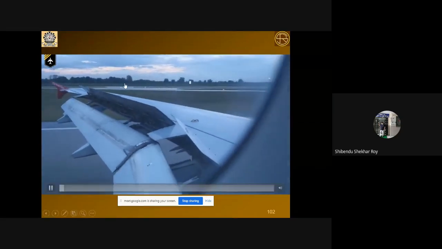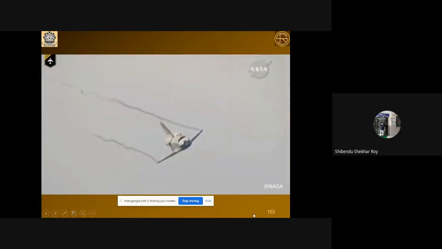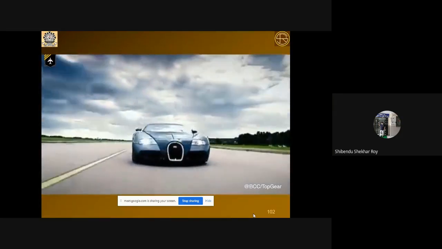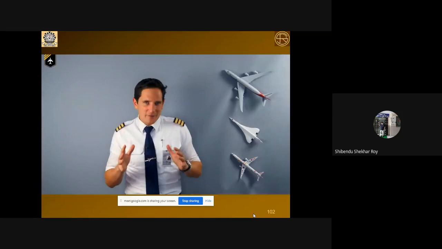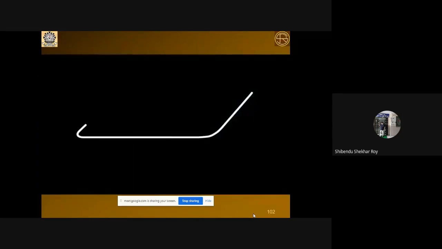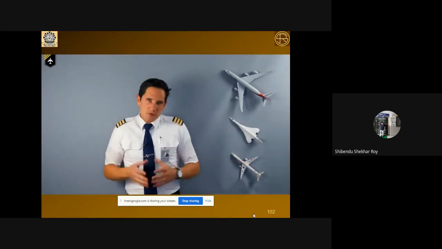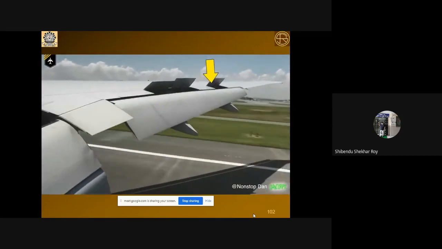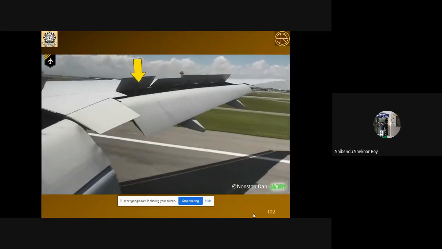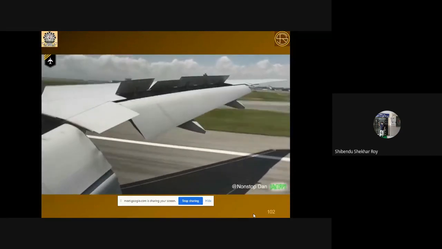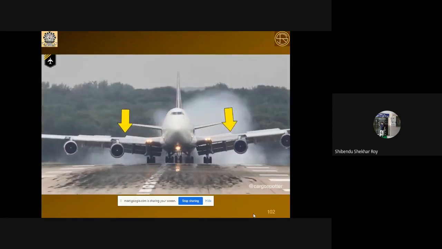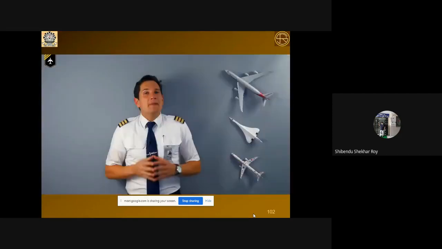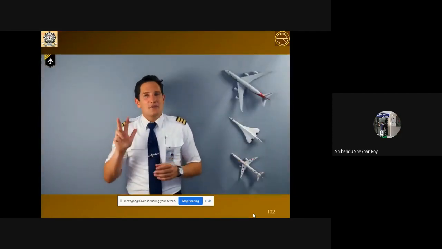During landing, you see it is full of mechanism. This is flight control.